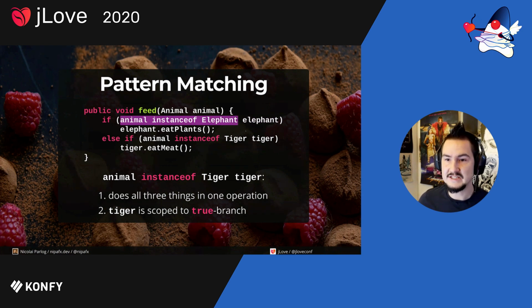And if it's true, it declares a new variable of that type, and then it casts that instance to that type and assigns it to that variable. Right? So these are all three things at once. And everywhere where this condition is true, there you can use elephant and call elephant specific methods on it. That means in this instance, tiger, you can use tiger wherever this is true, just as with elephant before.